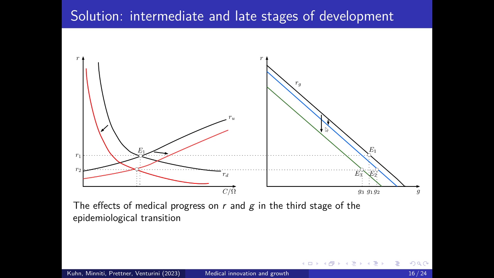But this effect would then, in later stages of the epidemiological transition, definitely be overcompensated by the reduction in resources in terms of personnel that we have available for R&D and production because the healthcare sector requires so many resources. So in late stages, we would have a negative effect of medical progress on the economic growth rate.